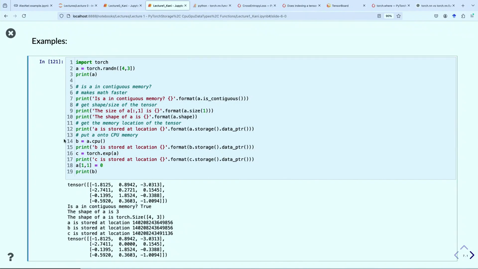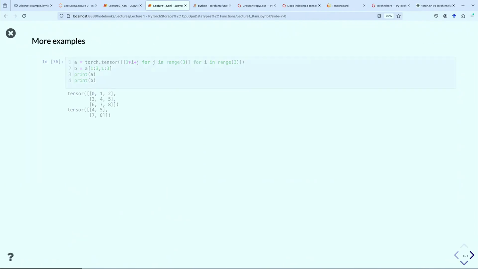I'll just allocate a new wrapper and have that wrapper point to the same data as A. So B is a view of A, and when we set the value of A11 equal to 0, the value of B11 is also equal to 0. So that's the concept of views.